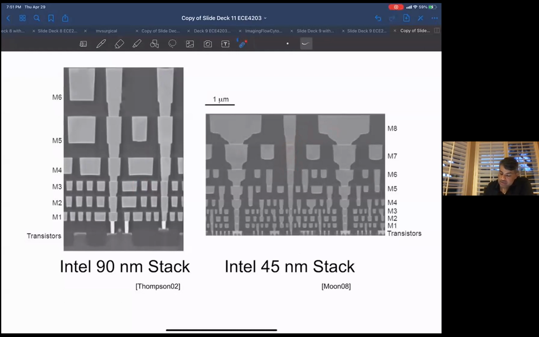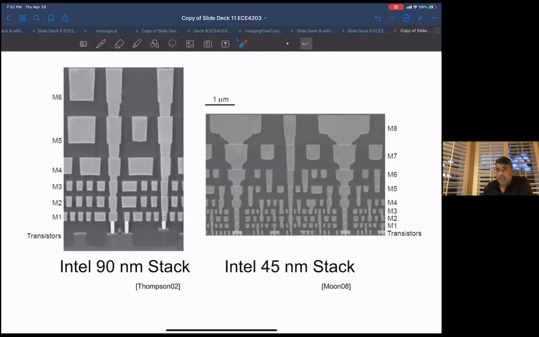The transistors are at the very bottom, and the majority of the space on the chip is interconnect. You'll see that people are always pushing to have a larger number of interconnect layers. This 90 nanometer process has 6 layers of metal. The 45 nanometer process has 8 layers of metal.